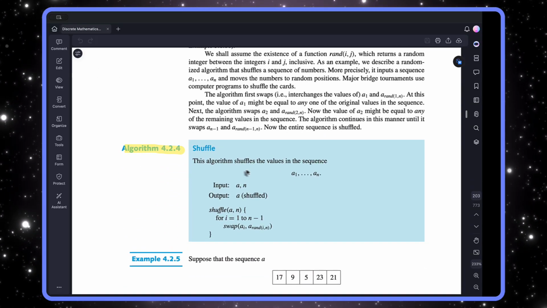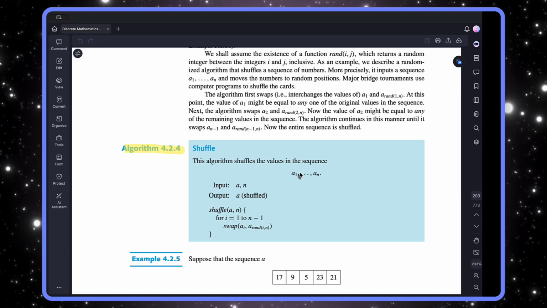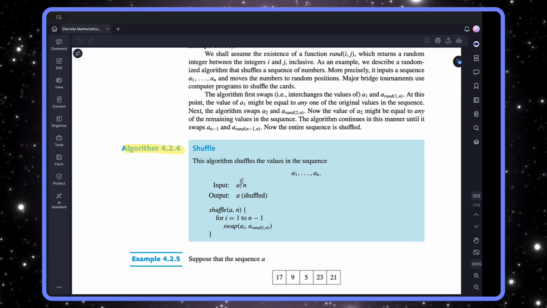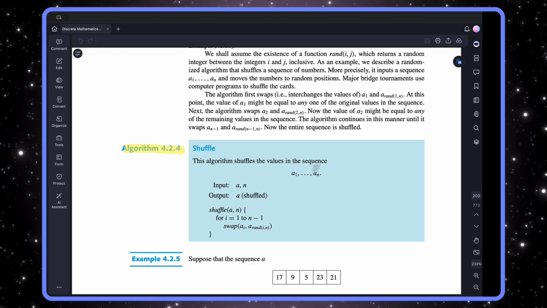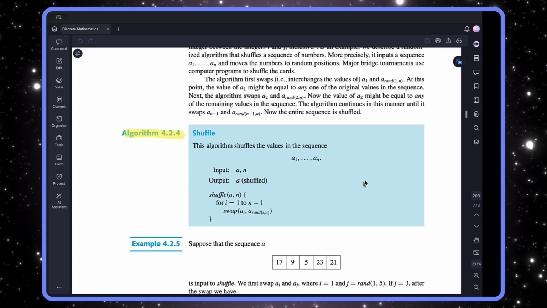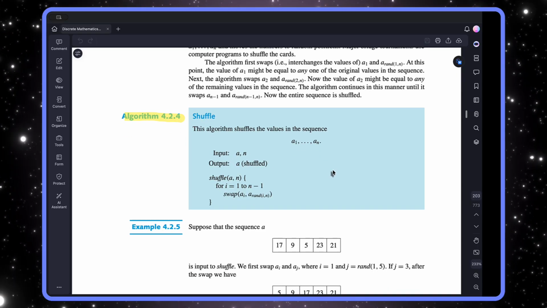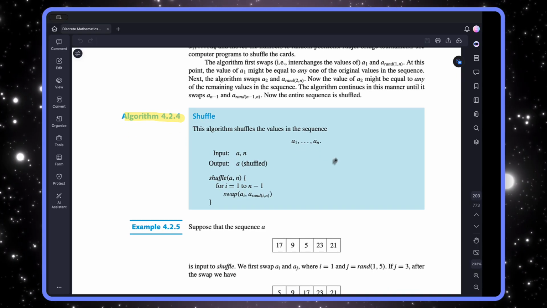This algorithm shuffles the values in the sequence A1 through AN. So you put in A and N. A is the sequence and N is the length of the sequence. And then the output would be A shuffled, okay? In other words, mixed up, sort of unsorted, right?